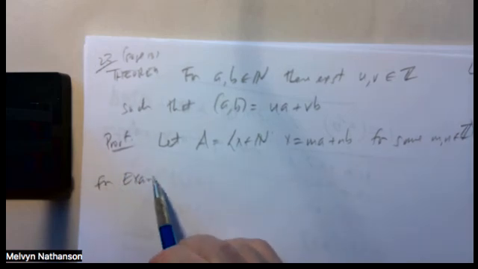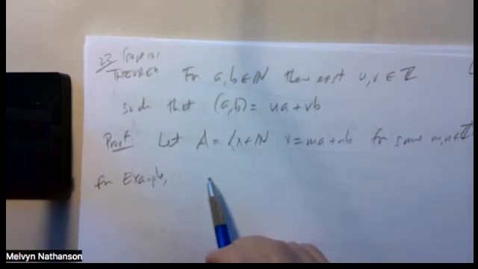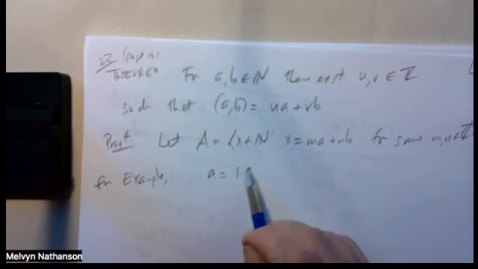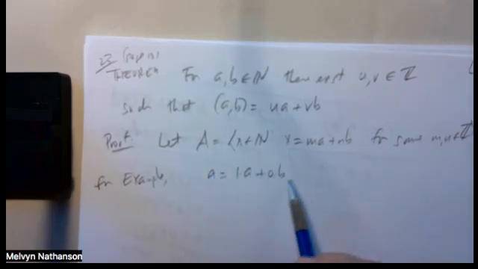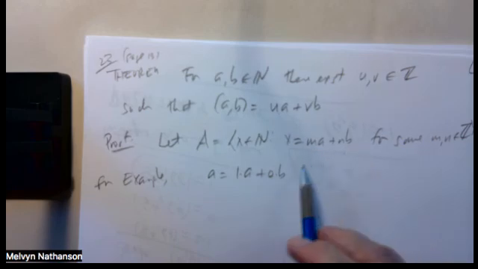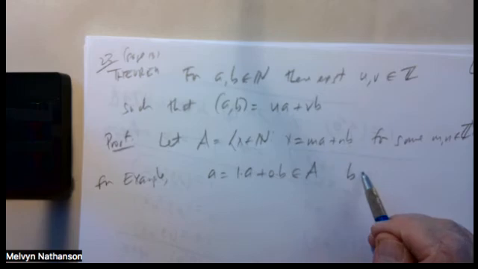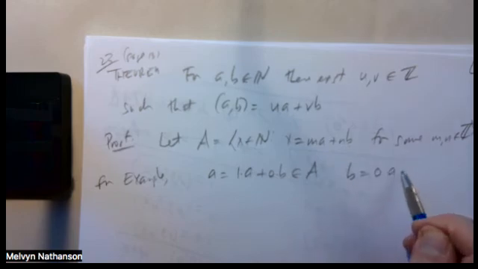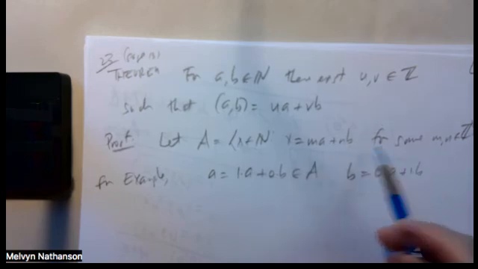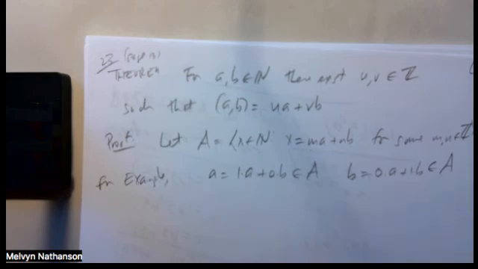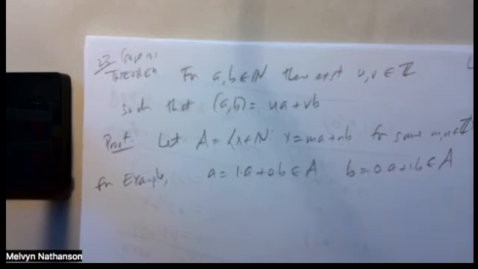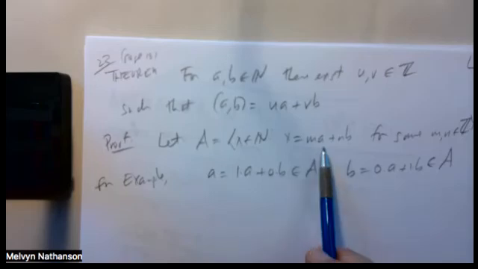So for example, the integer a is 1 times a plus 0 times b, so that's in A. The integer b, which is 0 times a plus 1 times b, is also in the set A. So A is not empty.